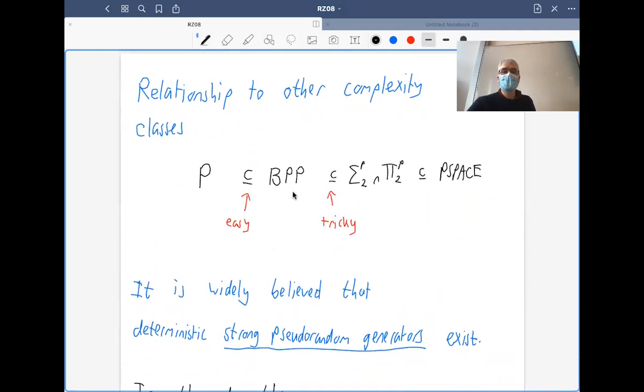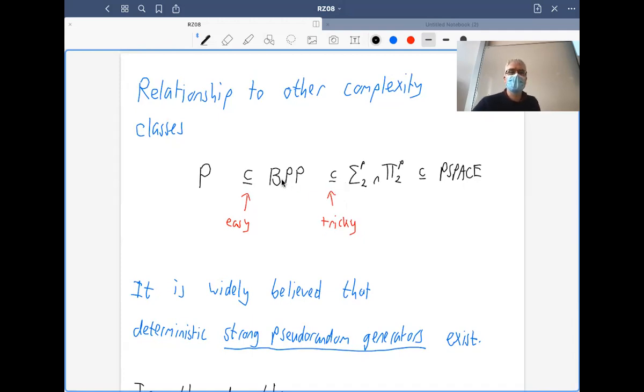But where BPP is in relation to other classes is a bit tricky. In the exercise class you did the polynomial hierarchy, or some parts of it. In fact, BPP is contained in the intersection of the sigma 2 and pi 2 classes in the polynomial hierarchy. But this is really quite a tricky property, so it took a few years for people to establish this.